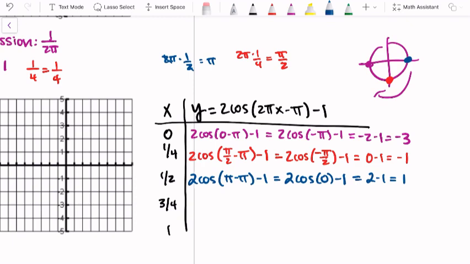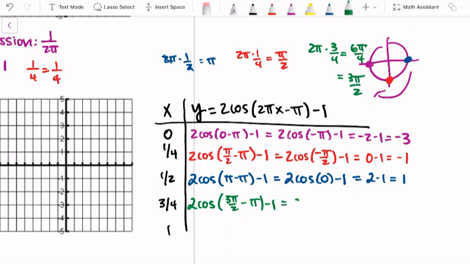Here we go, 3 over 4. So I have 2 cosine. Plugging that in, I'm going to have 2 pi times 3 over 4. That's equal to 6 pi over 4, which reduces to 3 pi over 2, but we still have to subtract out that pi.